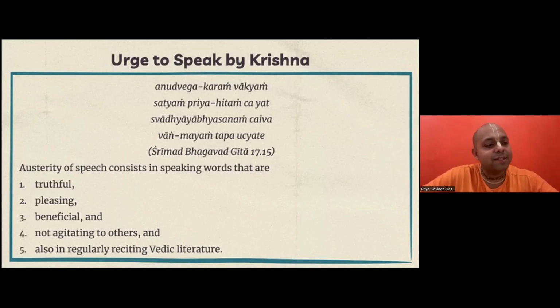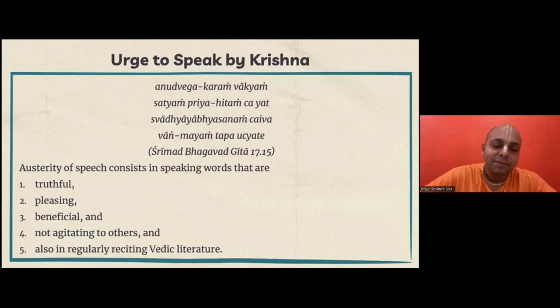So five aspects of controlling the urge to speak are given by Sri Krishna. One should speak truthfully, one should speak pleasingly, it should be beneficial to others, it should not be agitating to others, and also we should regularly recite Vedic literature. There are 2 interpretations to this.